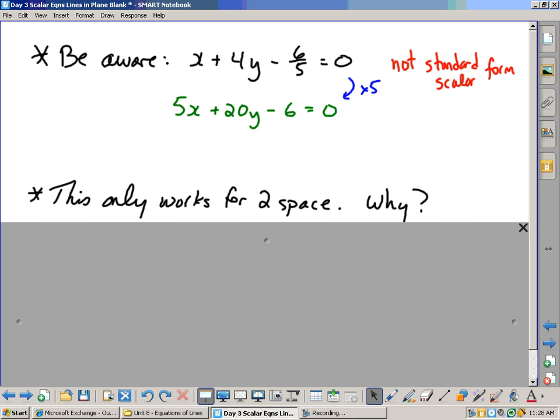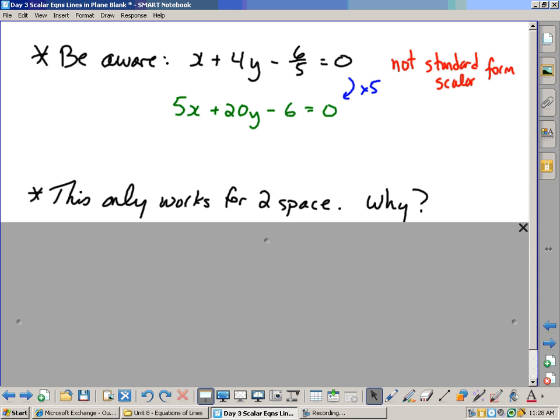Why is that? Well, in 3 space, remember there's going to be an infinite number of lines perpendicular to the line. And if you remember me demonstrating this before, I held the pencil up and I took another pencil and made it perpendicular. But because we're in 3 dimensions, you can take that second pencil and spin it around the original pencil, and you'll see that all of those are perpendicular.